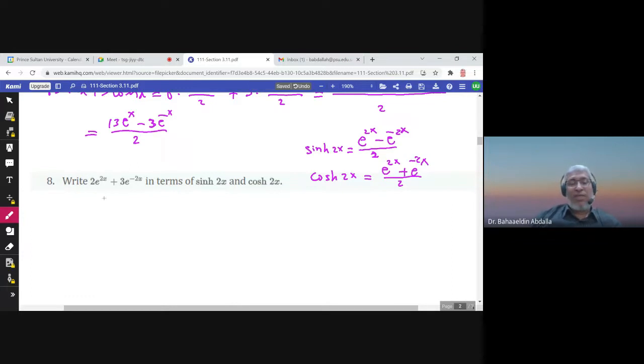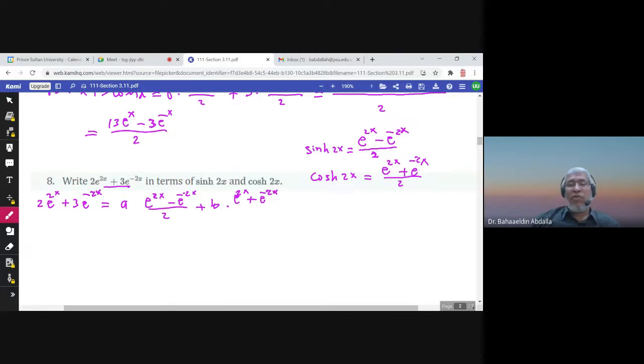So to write these two terms in terms of sinh and cosh, I will say 2e^(2x) plus 3e to the power negative 2x, which is this one, equals, if it would be a combination of sinh and cosh, let us say a times sinh 2x plus b times cosh 2x.